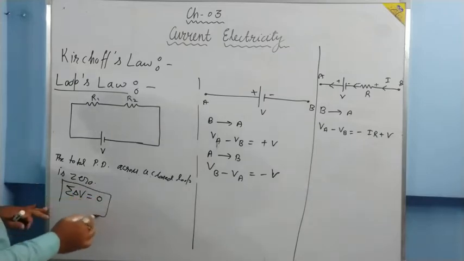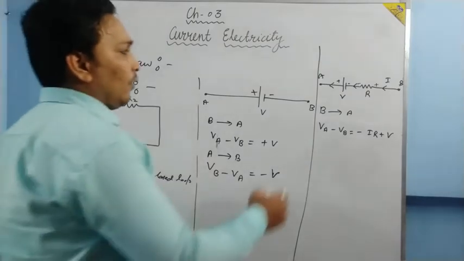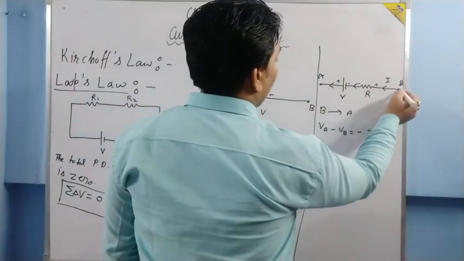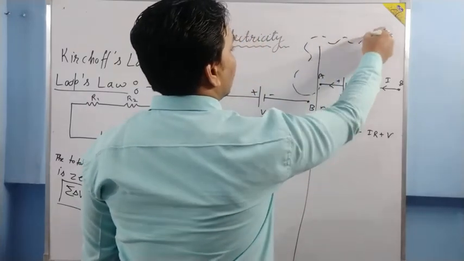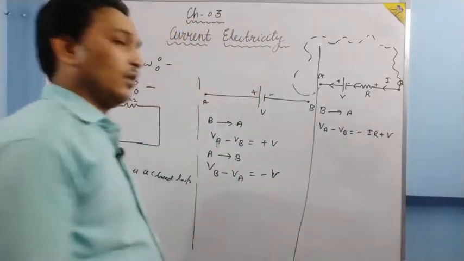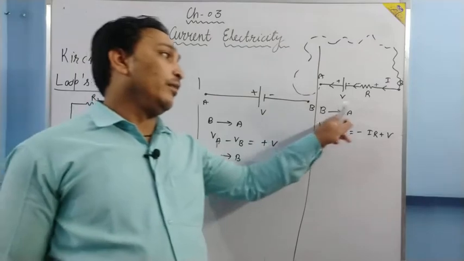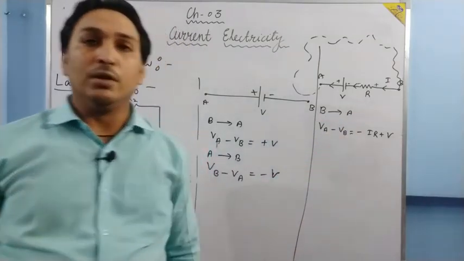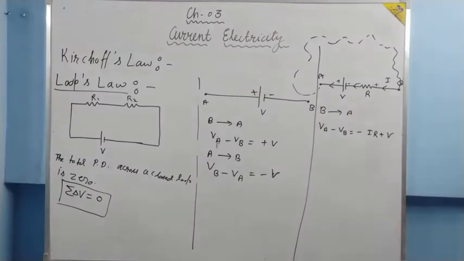Why is it so? Suppose from B we are starting, and after going through a number of resistances, cells, everything, we finally again reach B. What should we write? We are moving from B to B, VB minus VB. What will it be? 0. So this is what the loop law says.